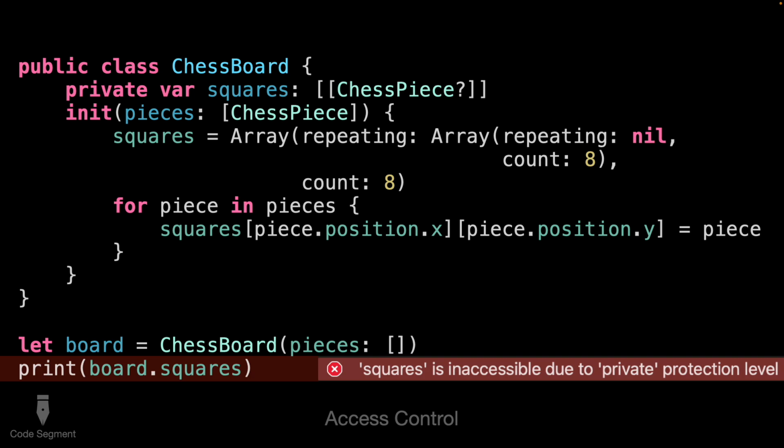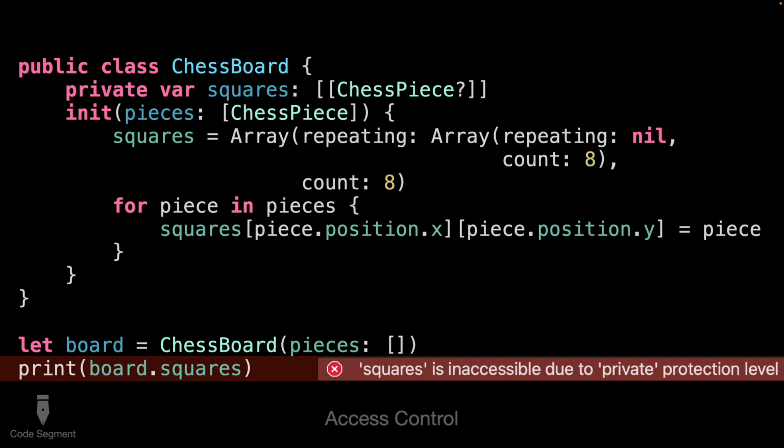However, because everything else is either private or internal, because the initializer is internal by default, we can see that type, but we wouldn't be able to initialize an instance of it. So chessboard pieces, brackets, if that was outside of the module, if it was some other piece of code that was using this as a library, then we'd get that same error.